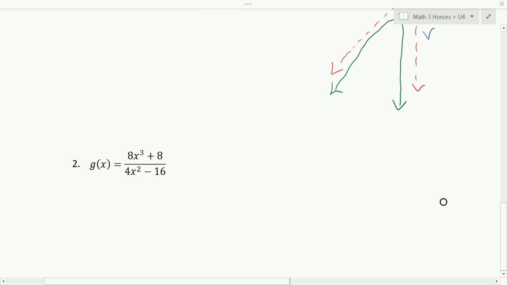So g of x equals 8x cubed plus 8 over 4x squared minus 16.